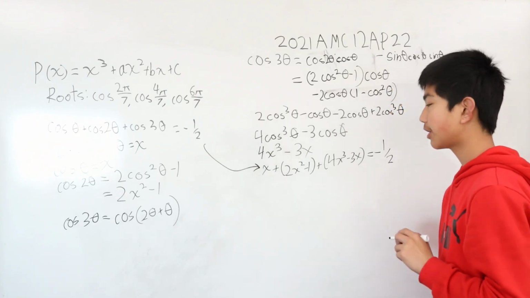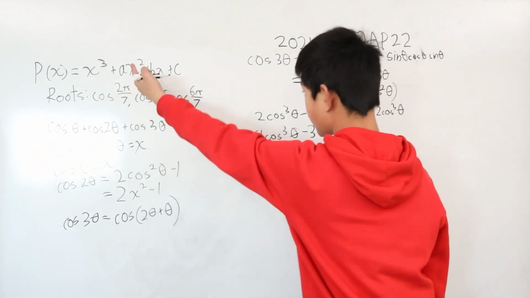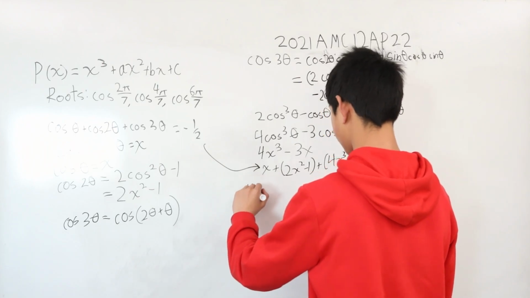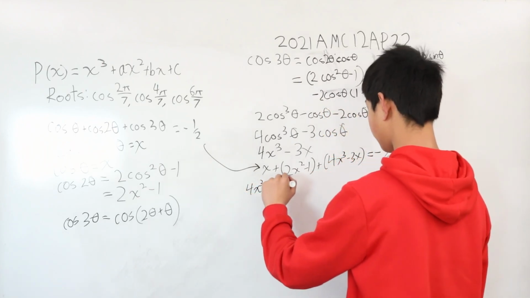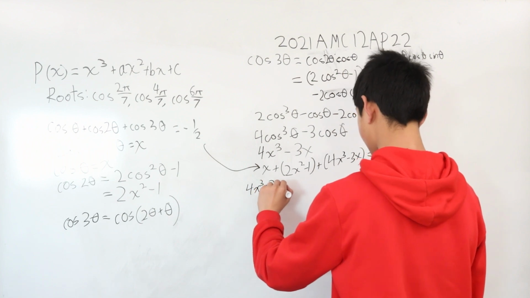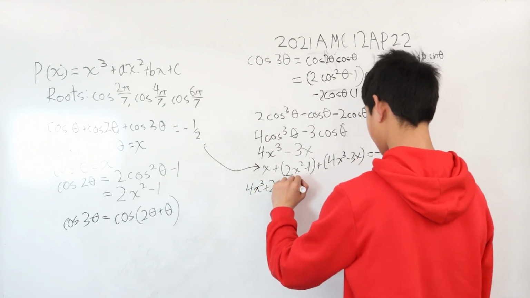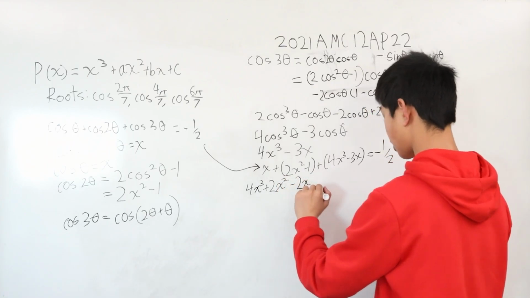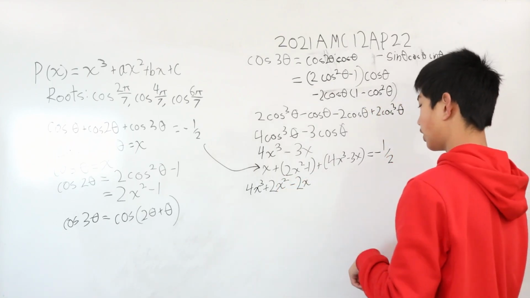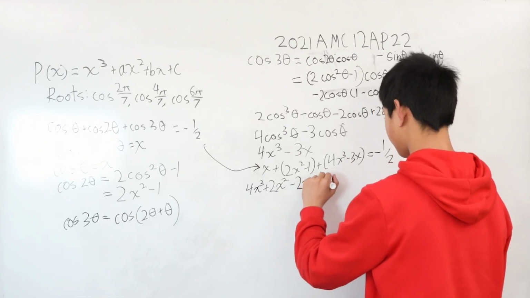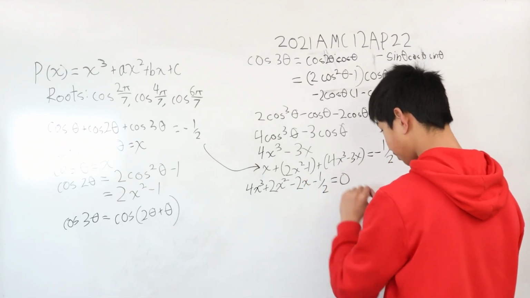When we rearrange everything in the form of the polynomial, that becomes 4x cubed plus 2x squared minus 2x, and then there's a negative 1 here, and you add 1/2, that's negative 1/2, equal to 0.